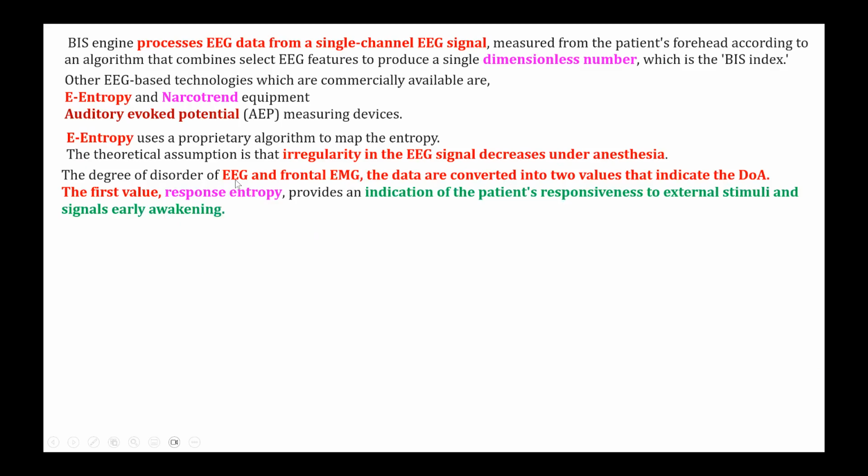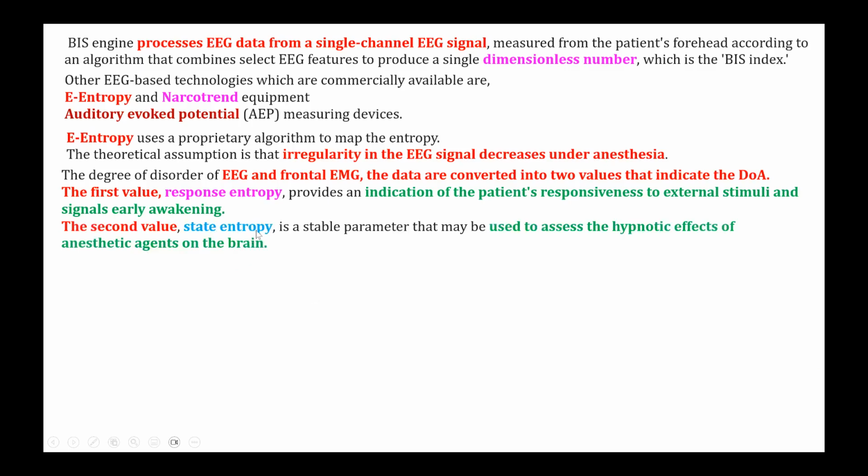So we take the response entropy into consideration during a painful stimulus. For example, when the first incision is made on the abdomen, you have to look at the response entropy. If the value increases, that means the patient is in a lighter plane of anesthesia. Similarly, when you cut off all the anesthetics, during recovery the response entropy should increase in value, indicating that the patient is becoming lighter and is waking up. So you can use this for assessing the response to noxious stimulus as well as awakening.